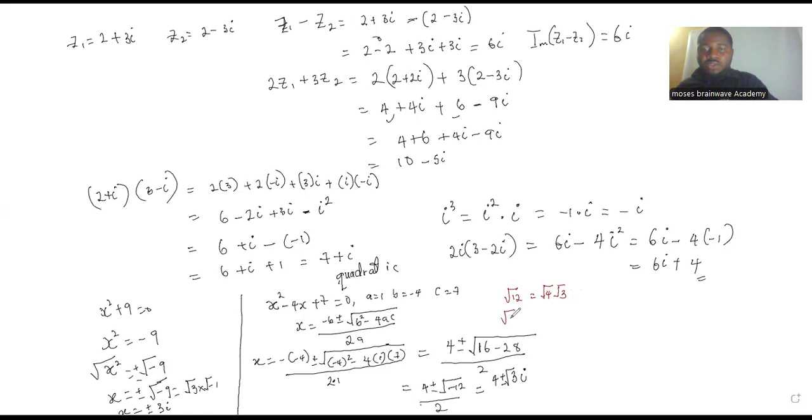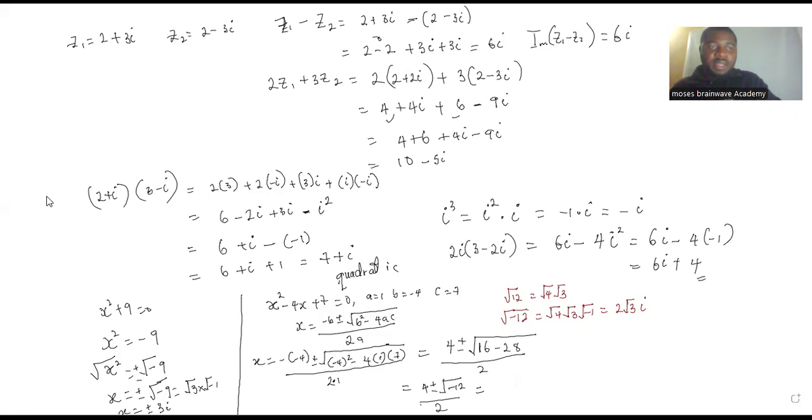So square root of -12 should be the same thing as square root of 4 times square root of 3, then multiplying square root of -1. Square root of 4 should give us 2. So this should give us 2 root 3, then i, right? Good. So fantastic.